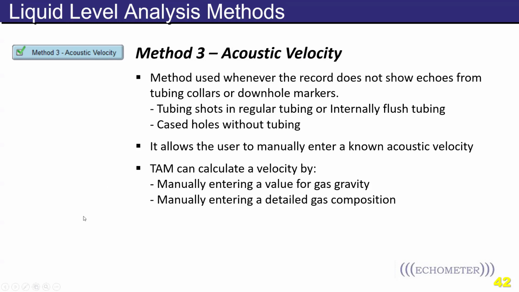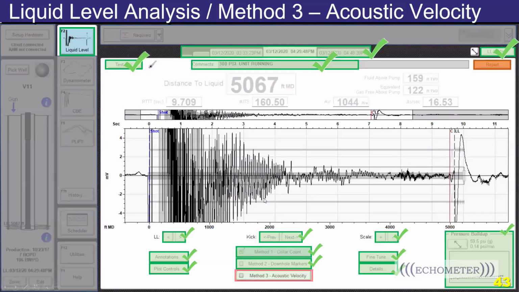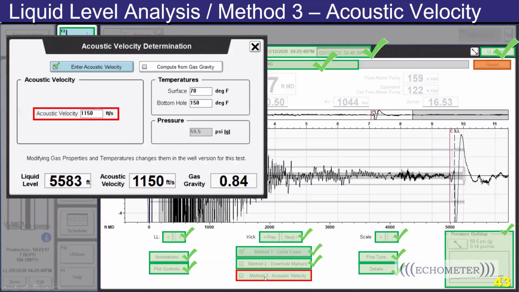So if you have gas chromatography or gas analysis information that is recent and representative for that well, you can use that information to estimate or calculate the acoustic velocity when you don't have a good collar count.